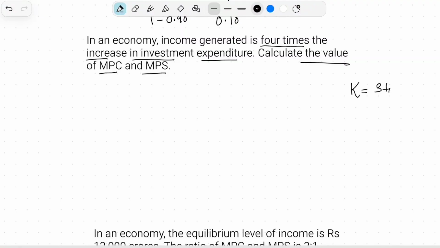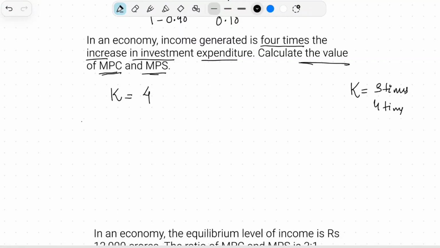Suppose 3 times, 4 times, 5 times, 2 times. So income generated is 4 times the increase in investment. So the value of K, or the multiplier, is already given, it is 4 times. Calculate the value of MPC and MPS.